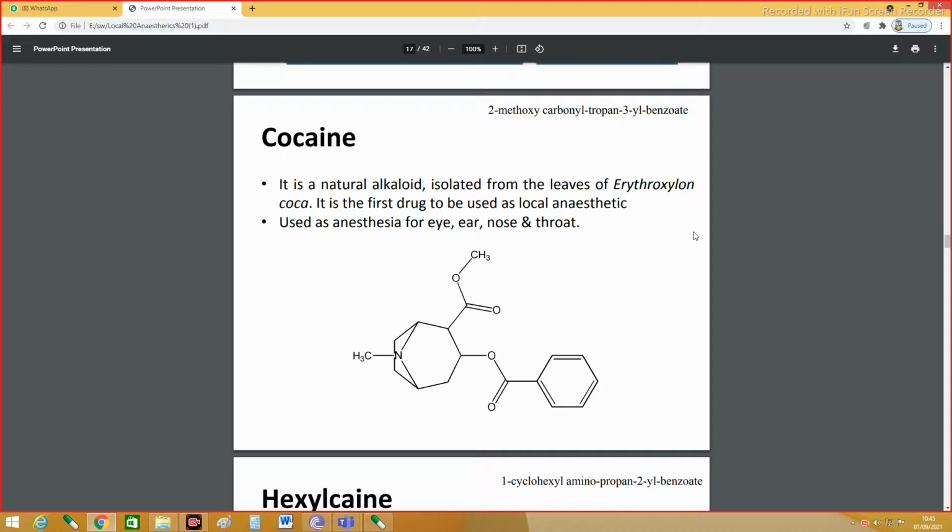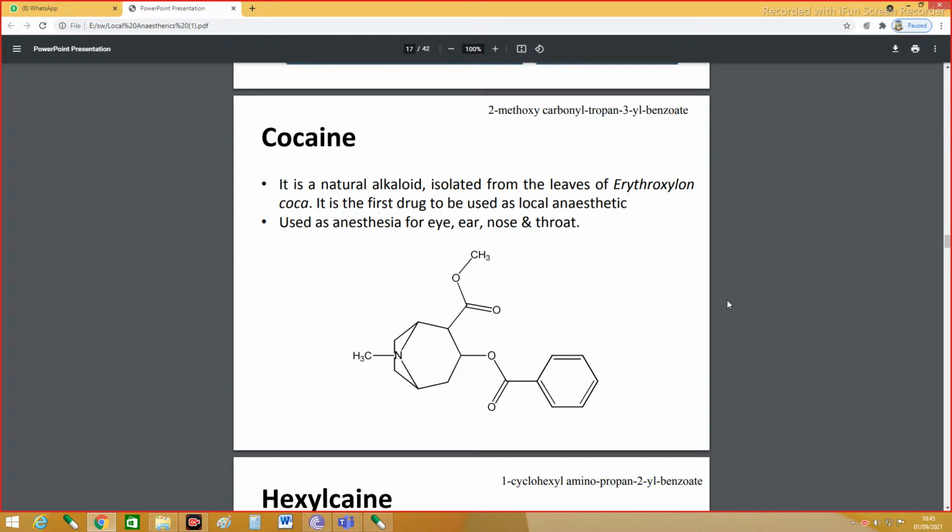The IUPAC nomenclature of cocaine is 2-methoxycarbonyl tropane 3 benzoate. This is a tropane ring here, and we have 2 esters in cocaine. I have not given any metabolism of this cocaine, as it is very much less considered for local anesthetics.